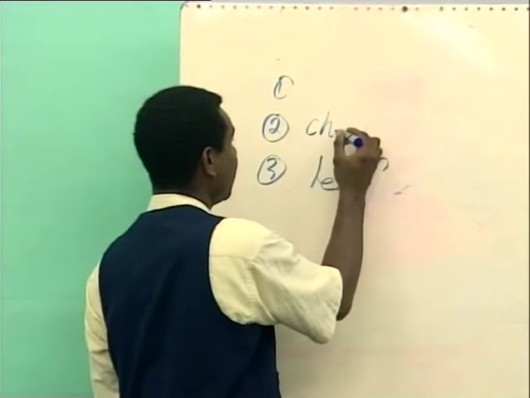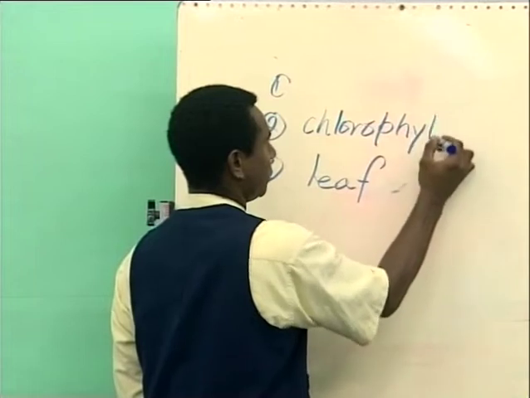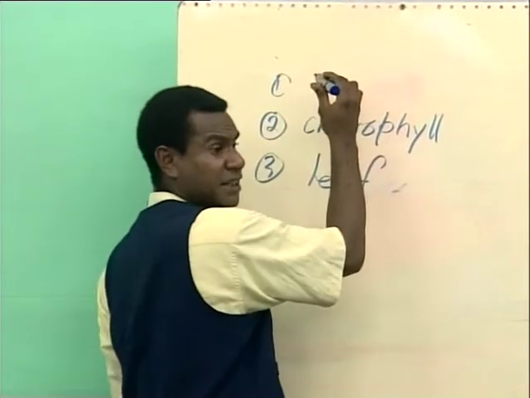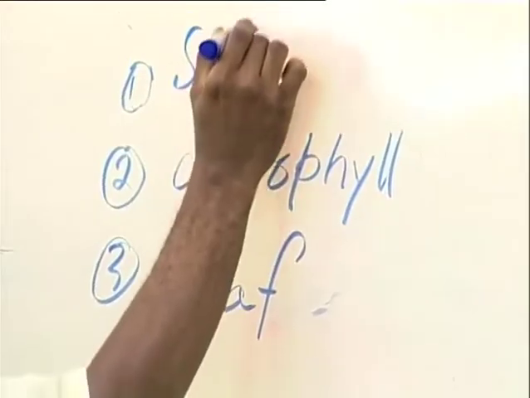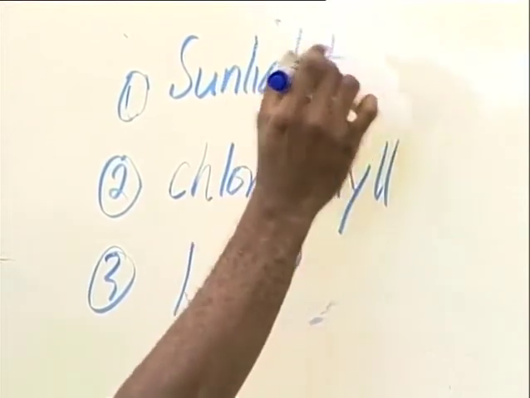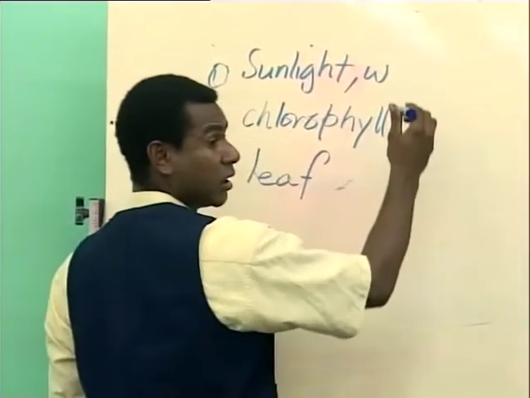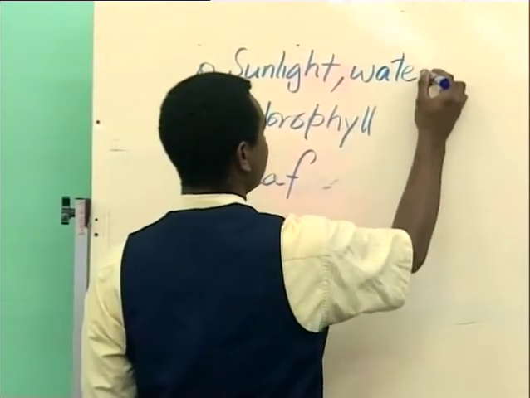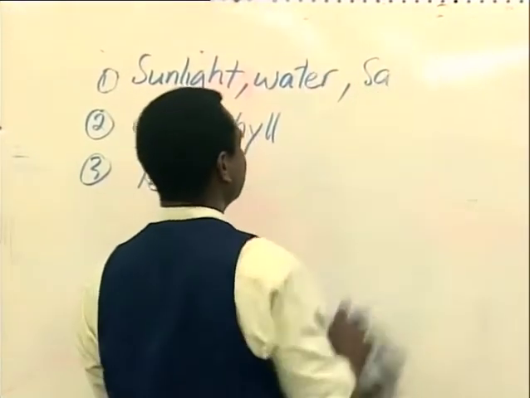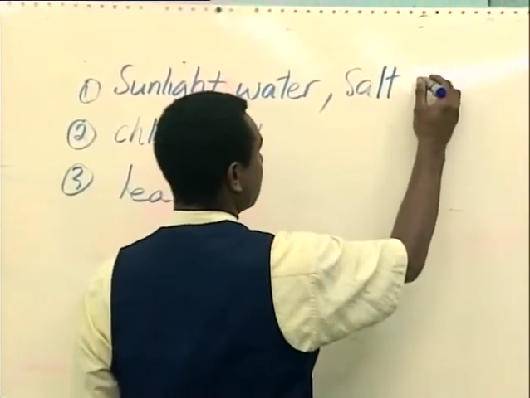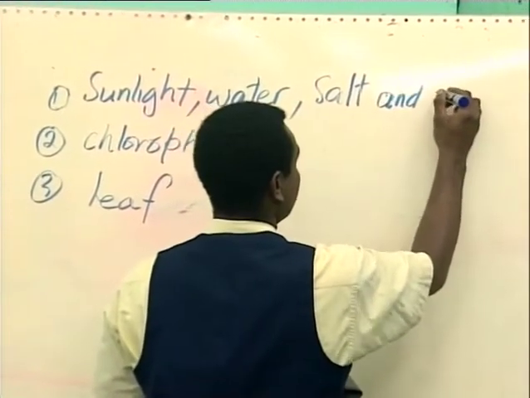Chlorophyll was our second answer, and the first answer from Evelyn was sunlight, water, salt, and nutrients.